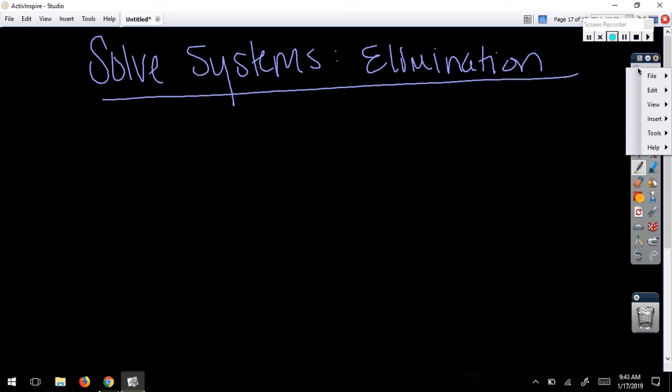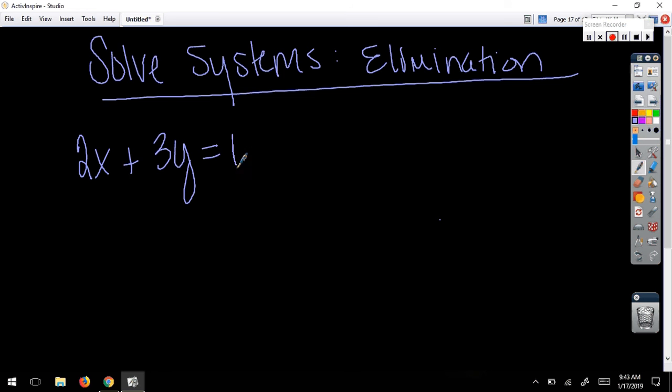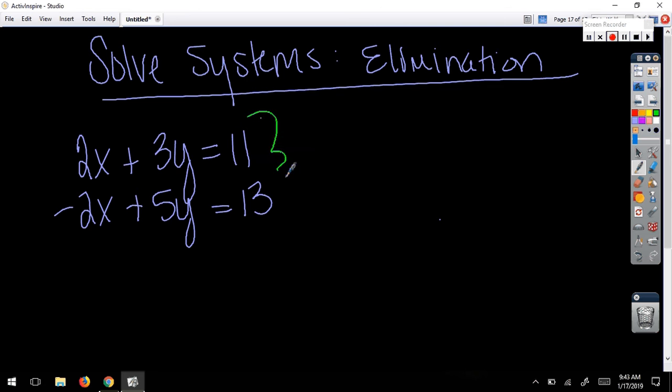So what happens is we have this one system: 2x plus 3y equals 11, and negative 2x plus 5y equals 13. Now, the way you know how to solve them is, A, we could graph it and find where they cross, or we could solve one of those for one of the variables.